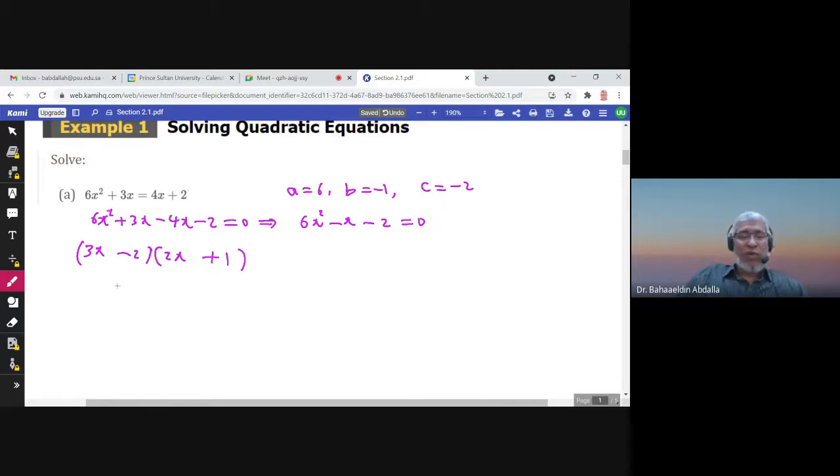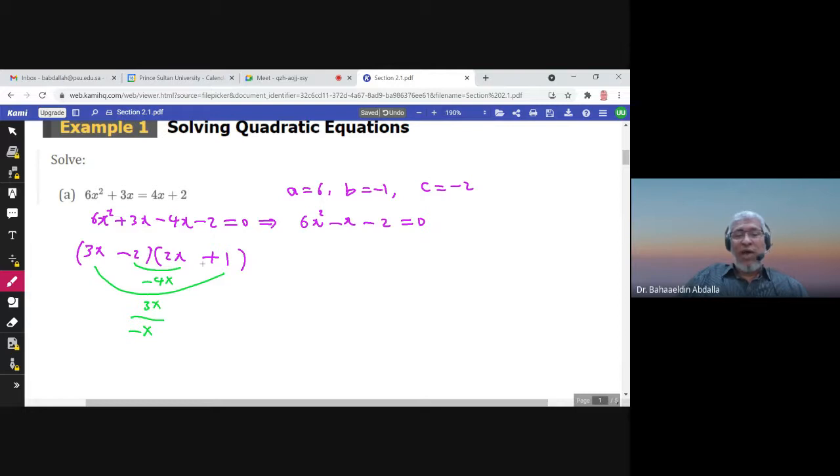You choose one of them. And then now you multiply the inner terms and the outer terms. So negative 2 times 2 is negative 4x. 3x times 1 is 3x. If you add these two, you get negative x, which is the middle term.